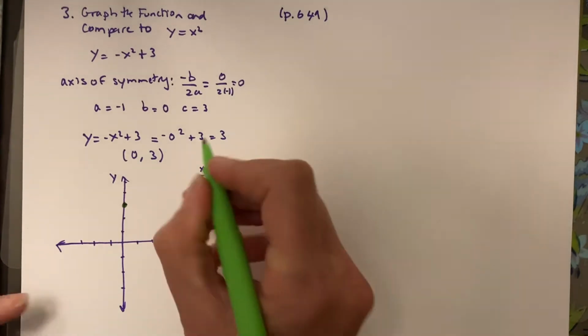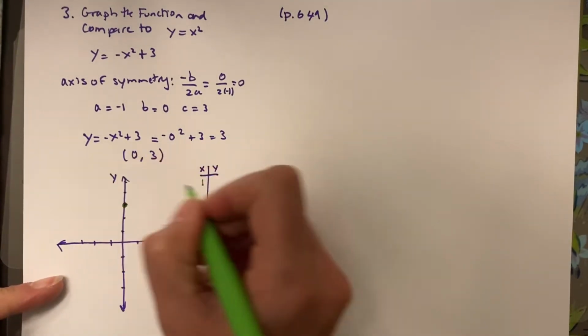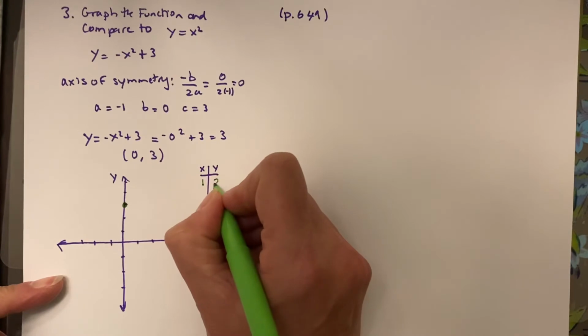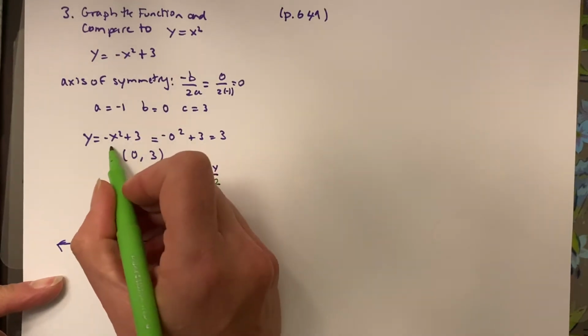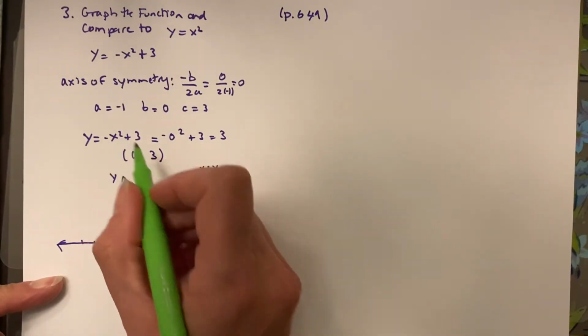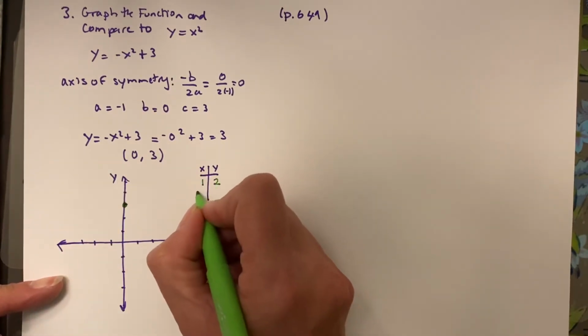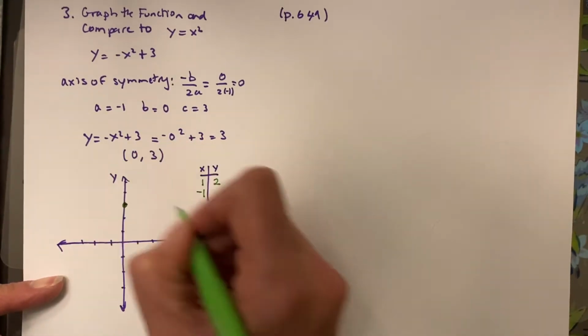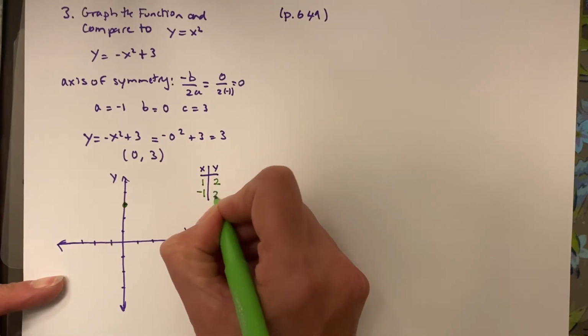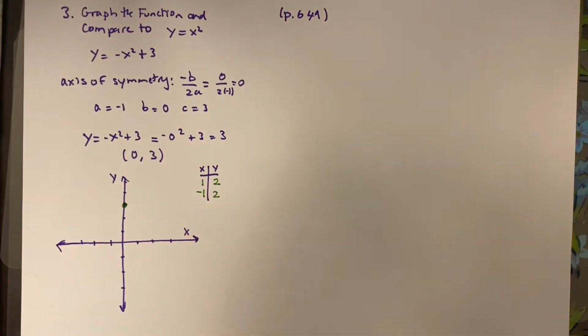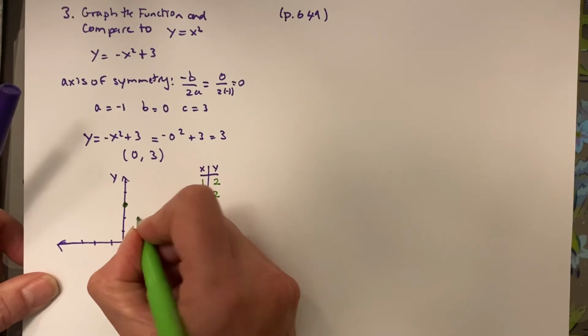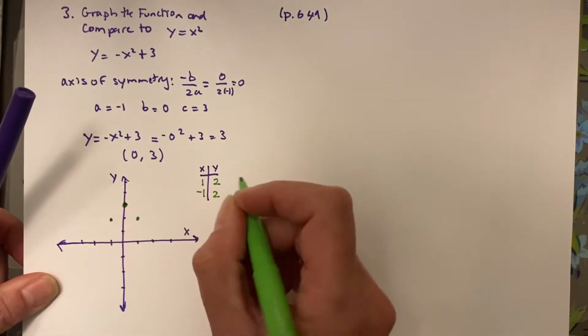So if x is 1, y is 2, right? Because it's 1 squared, then the negative, plus 3 will give me 2. If it's -1, it will give me the same value. Well, that's helpful. 1, 2, -1, 2.